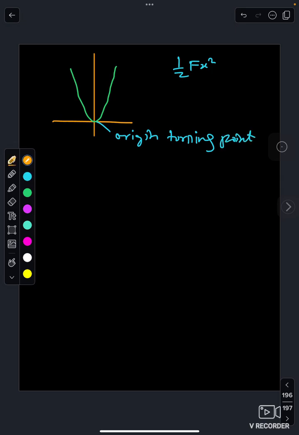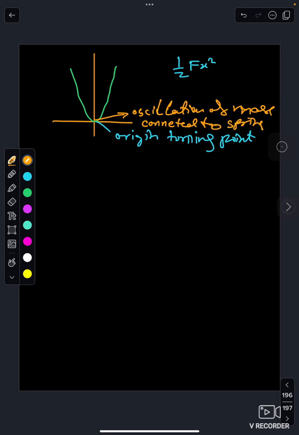And the object, that mass, is oscillating here. Oscillation of mass connected to a spring.